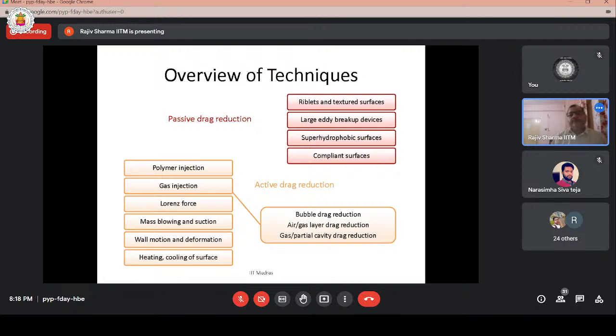All of them have been tested, published. Some of them have entered into the engineering design. For example, the riblets have entered the engineering design.